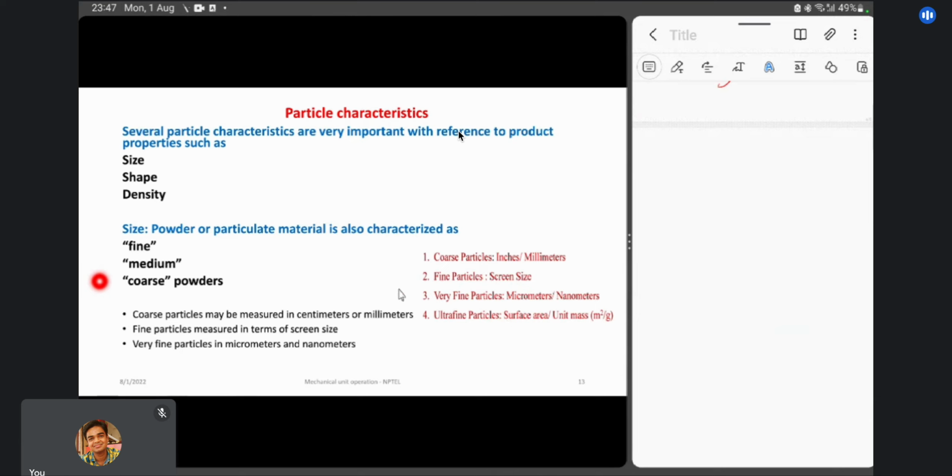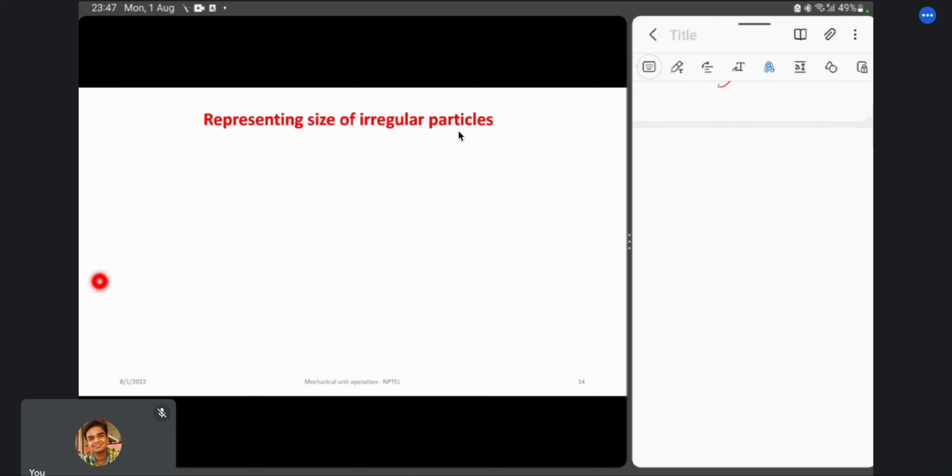Out of these three, another classification we can consider is ultra fine particles, which are measured in terms of surface area per unit mass. So when we are going for very fine materials or nanoparticles and nanomaterials, the size distribution is measured on the basis of surface area per unit mass, which has a unit of meter square per gram.